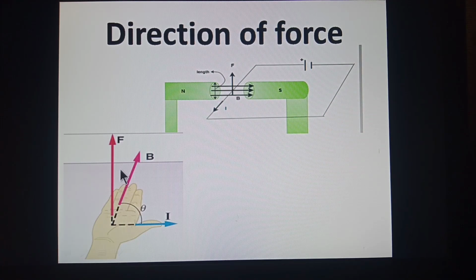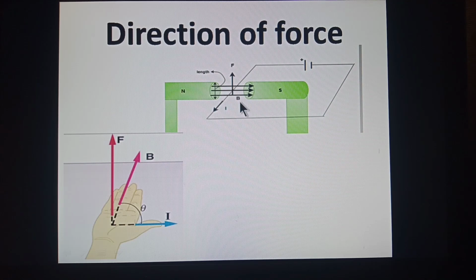Consider the palm of your right hand with straight thumb, such that fingers are indicating the direction of magnetic field, thumb points in the direction of current, then the palm of right hand is in the direction of magnetic force.